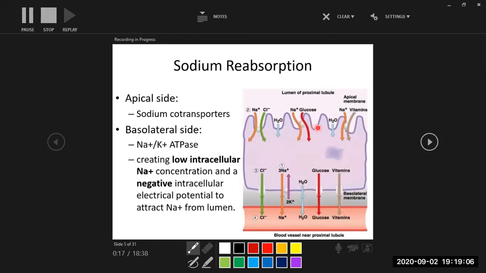This is the brush membrane of the epithelium cell. And here is the basolateral side, which very quickly sees the blood. Here is the luminal side, or apical side. The sodium potassium ATPase is located on the basolateral side, so this one keeps working.